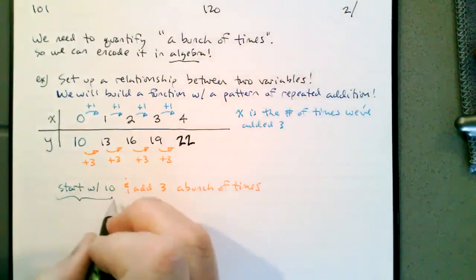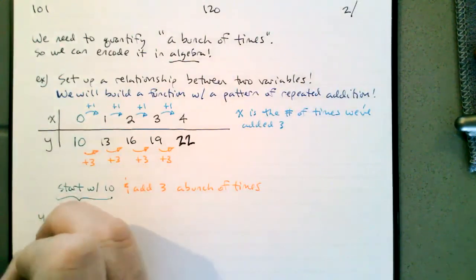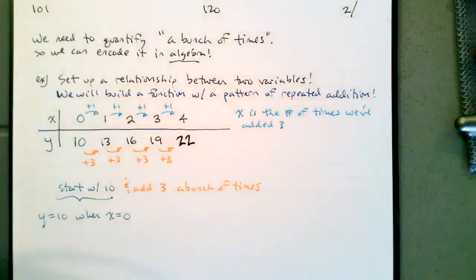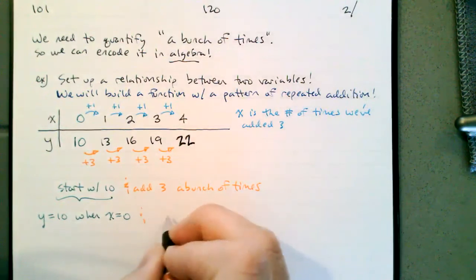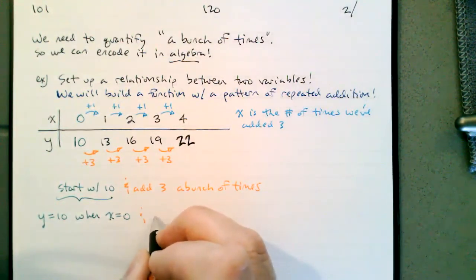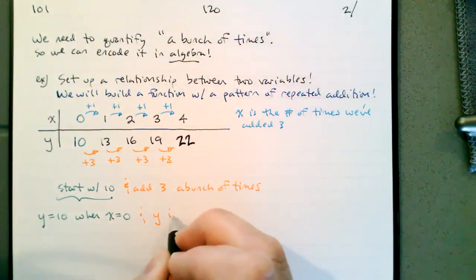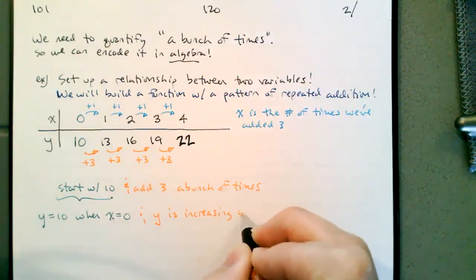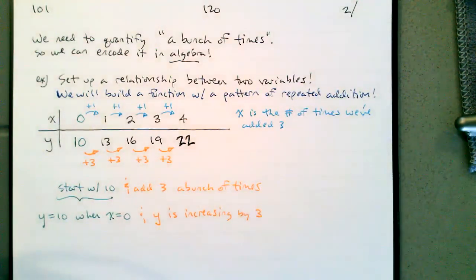And then the adding of 3 is something that's happening to the y. So we'll say y increases by 3. And then we've got to say every step, and each of the steps is going to be 1 unit long because each step in x is 1. So a bunch of times is going to be every step.